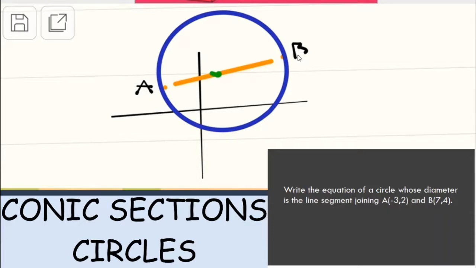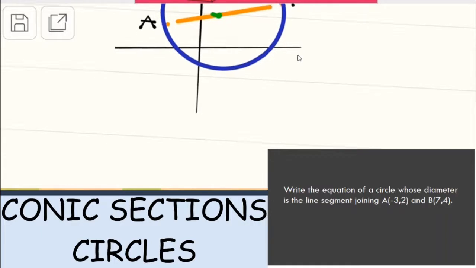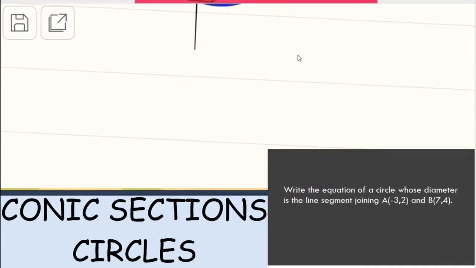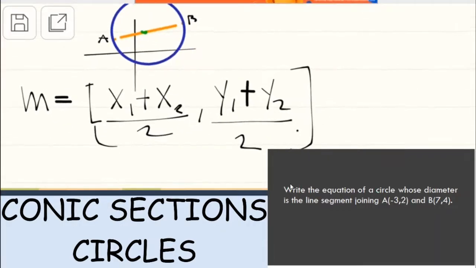So, para mahanap natin H and K, meron tayong gagamitin na formula. So, ito yung tinatawag na midpoint formula. So, paano ba ginagamit yung midpoint formula? So, gagamitin natin siya, and that is (x sub 1 plus x sub 2) over 2 and (y sub 1 plus y sub 2) over 2.